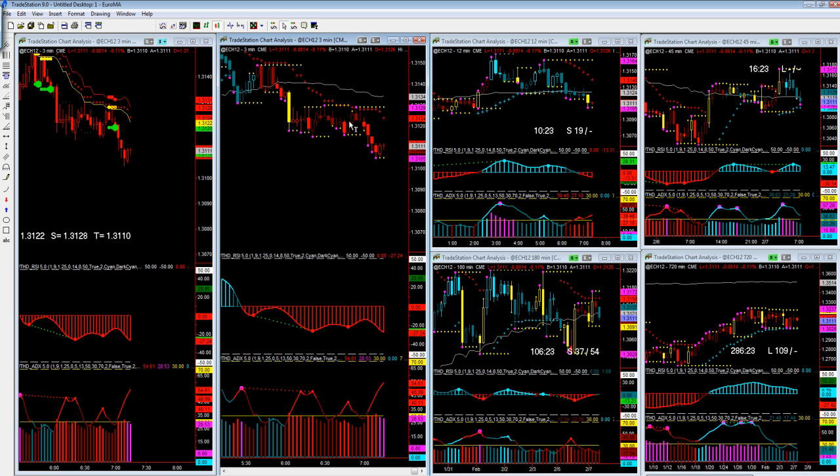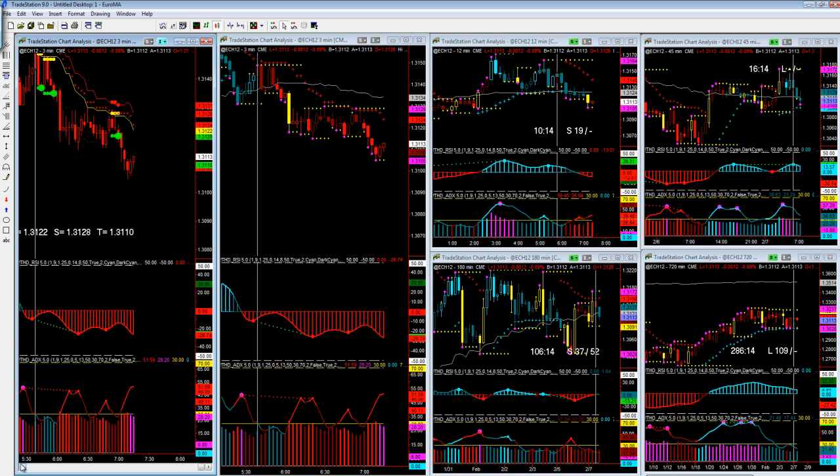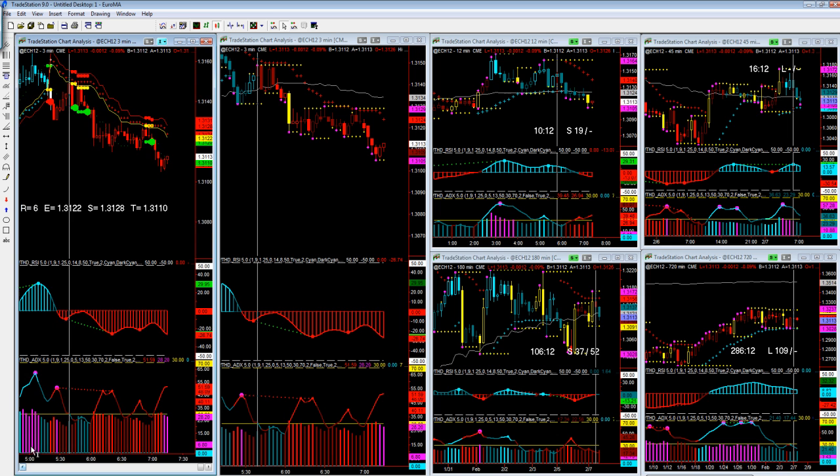Make sure I have my cursor on. You see that over here on the Easy Money, we had an Easy Money entry, and pull it back some. You see that actually occurred over here. At the same time, on the 3-minute, you went from blue to red, but it is a dark red.